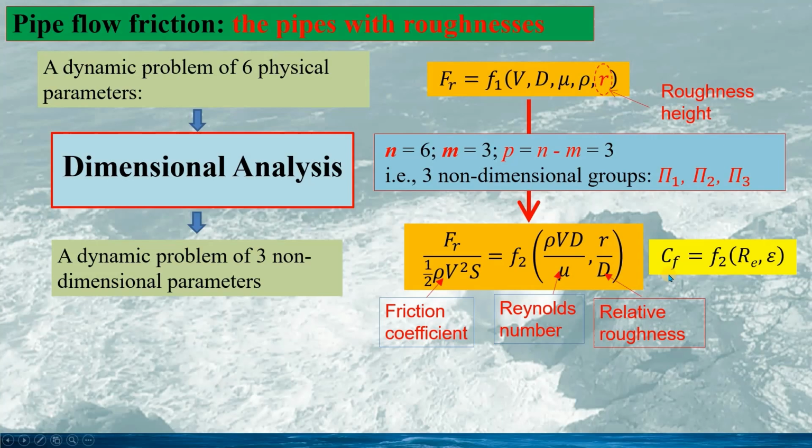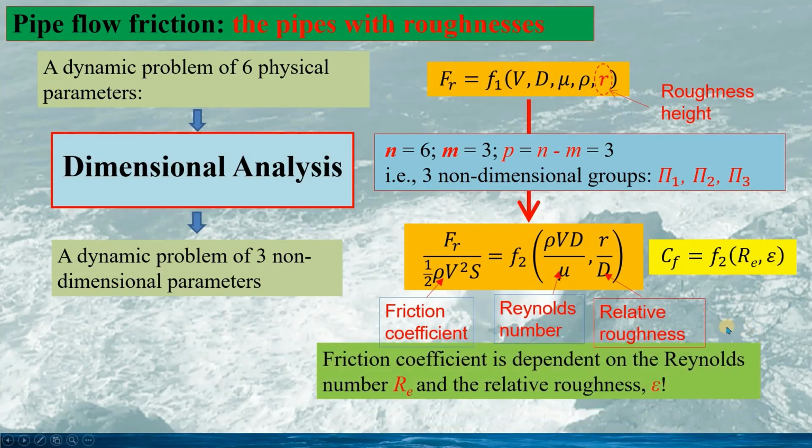Or we can express the equation as CF equaling F2 of Re and epsilon. Now the friction coefficient is dependent on the Reynolds number Re and the relative roughness.